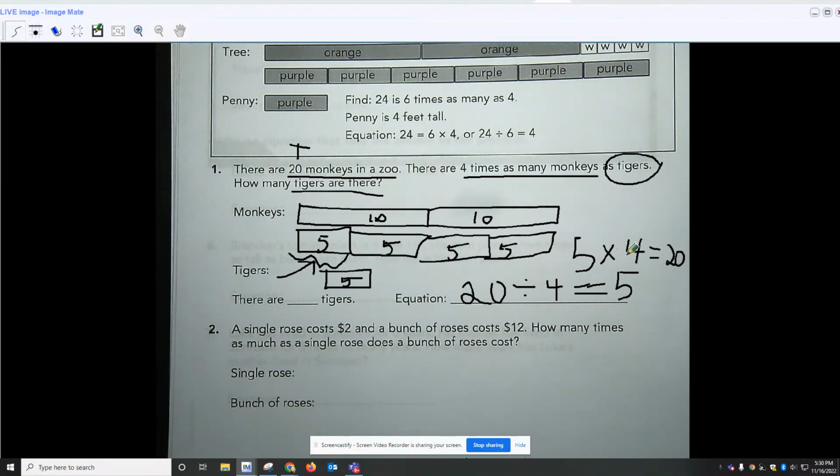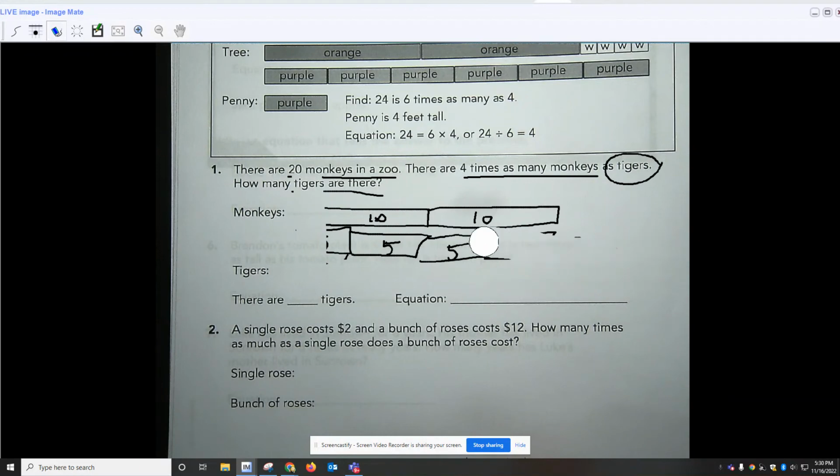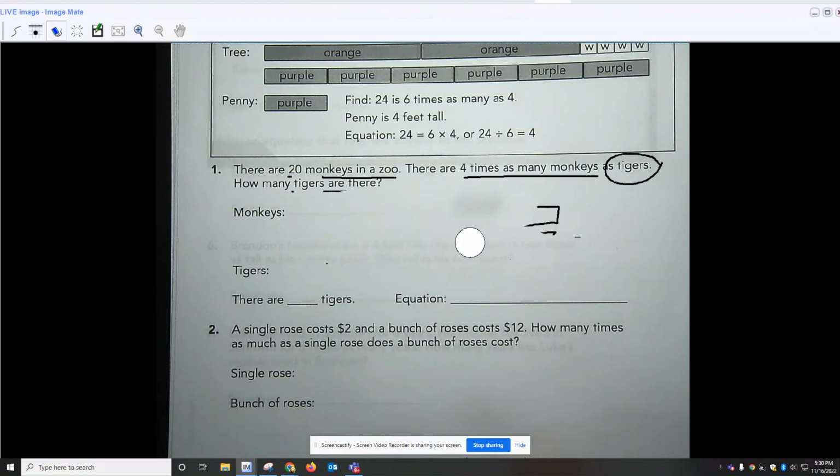Okay. You can pause the video to finish writing this down. And then I want to write over here 5 tigers. You are going to be solving the rest of these by yourself. So if you look through the packet, let's erase this so we can look through the packet. It's not too bad.